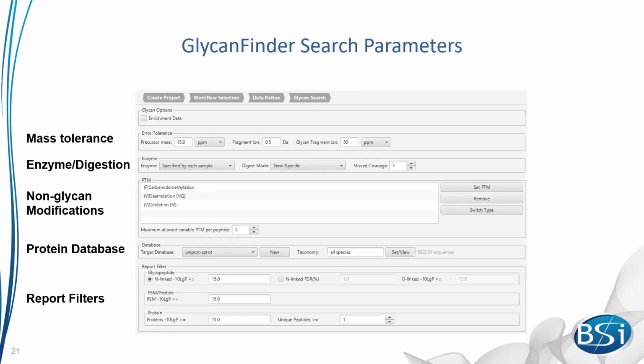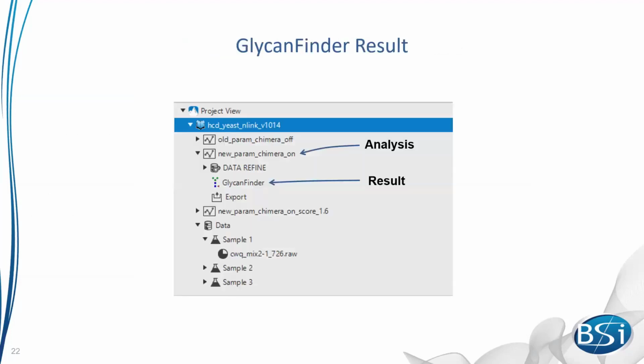And for the identification, we also provide the FASTA database for proteins. And finally, we have some report filters. These are similar to Pix Online report filters. So we provide the report filters in the parameters now, and this will filter the result and the result will be ready. When the search is finished, a new analysis node will be generated in the project tree.